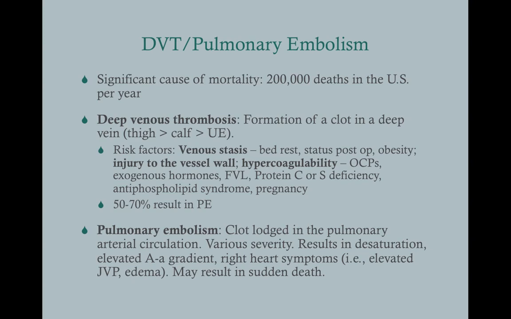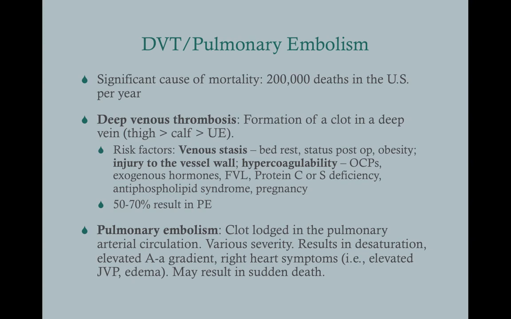So if you have a large embolism, then that's going to block off more circulation than if you were to have a smaller embolism. So the severity of symptoms is going to vary. Some of them can result in sudden death, and some of them have very, very minor symptoms.